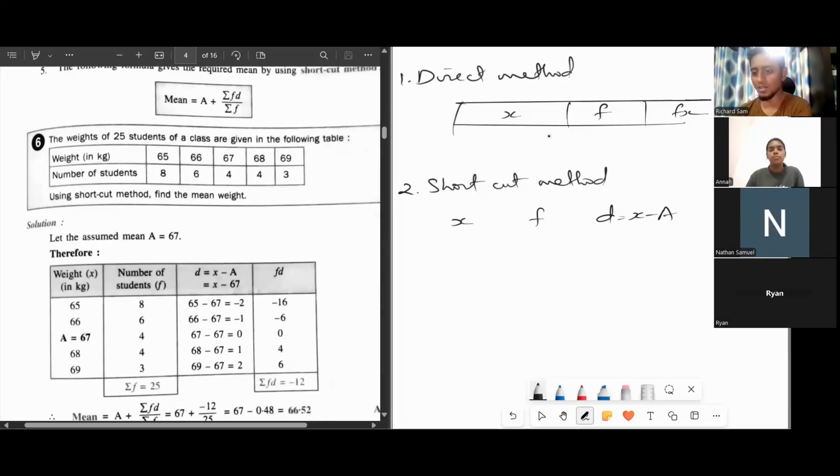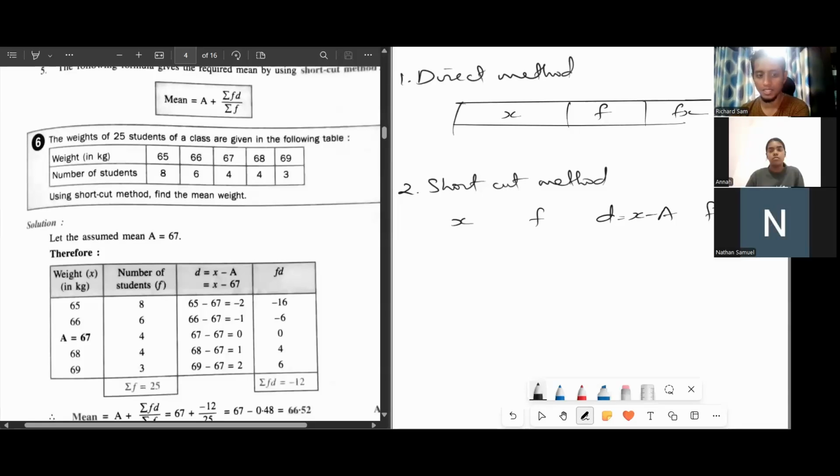And the last column is F, not Fx, but Fd. Okay, see, where is your F? 8. And your D is this minus 2. So we are multiplying 8 into minus 2. That is minus 16. Then 6 into minus 1, minus 6. Okay, and we're getting this new column FD.